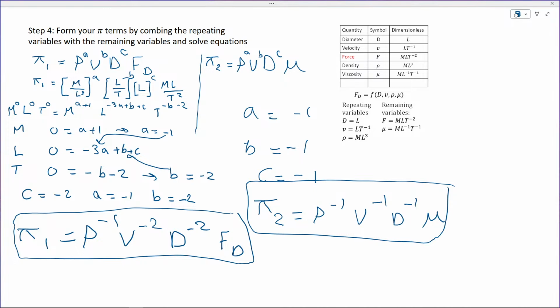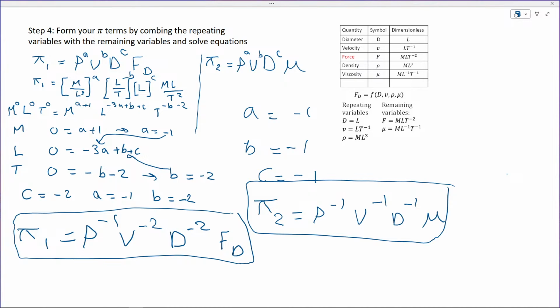So again, to summarize how to do this, you have your repeating variables, these ones here, that you give A, B, C, and then you have your remaining or non-repeating variables. In that case, for pi 1 you put this one, for pi 2 you put this one. If this problem, let's say, has 6 parameters, then the repeating variables will still be 3 if you are just dealing with L, T, and M, length, time, and mass, but your remaining variables will be 3.